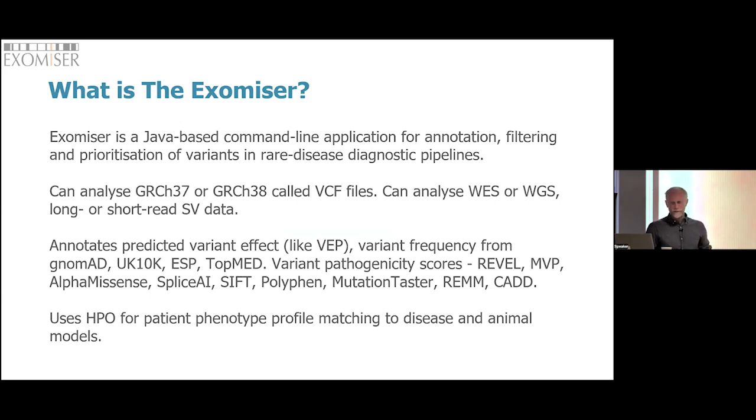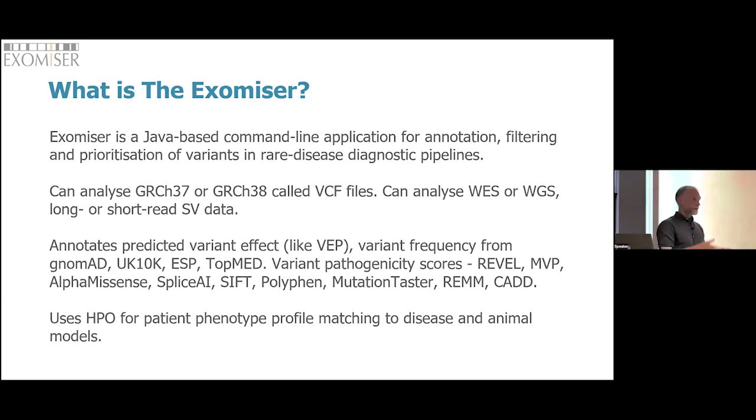CADD keeps up to date with things. And then for the patient phenotype matching, we use the HPO. This is probably where all the magic happens. If you take one thing or another out of context, you end up with not a very good picture. For example, if you have a patient phenotype and you just use something like Phenomizer, you'll get a lot of information about potential diseases, but you won't know for sure because you don't have the genetic information to back up your diagnosis.